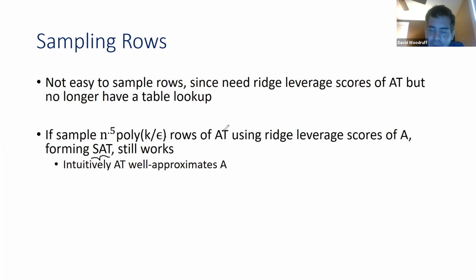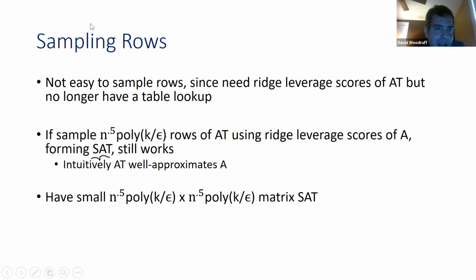Okay, I won't prove it to you, but using the ridge leverage scores of A again, which we have by finding the ridge leverage scores of B and using a root n overestimate, we can still get good sampling probabilities to form this tiny matrix SAT. And now we're in fantastic shape. We've sampled columns, we have root n columns, we sampled rows, we have root n rows.